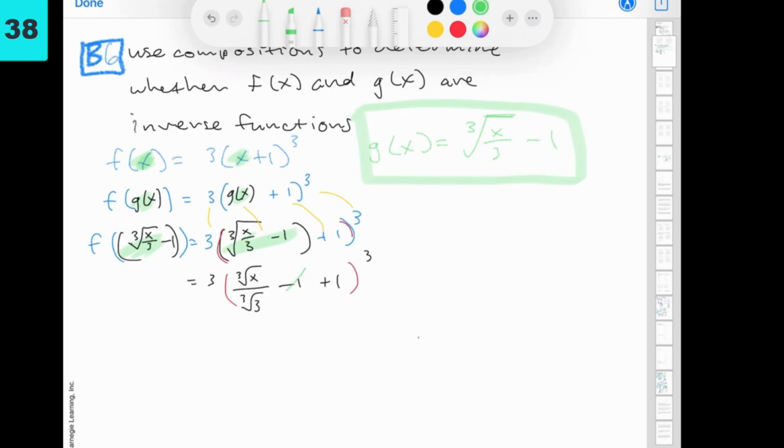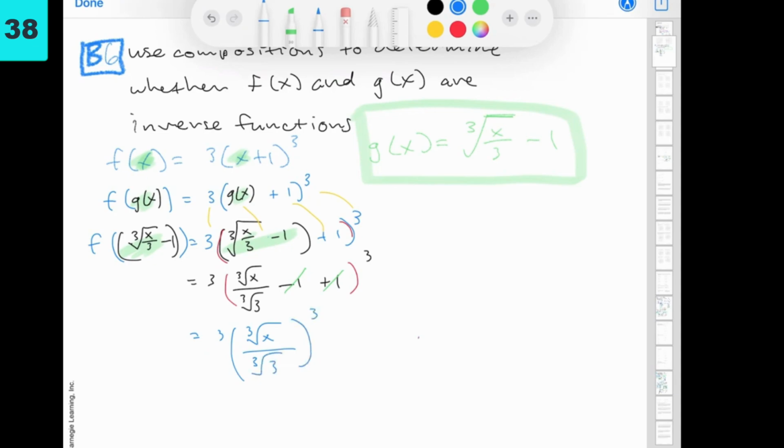And those will just cancel. So then you're left with 3 times x cubed and 3 cubed, all to the power of 3.